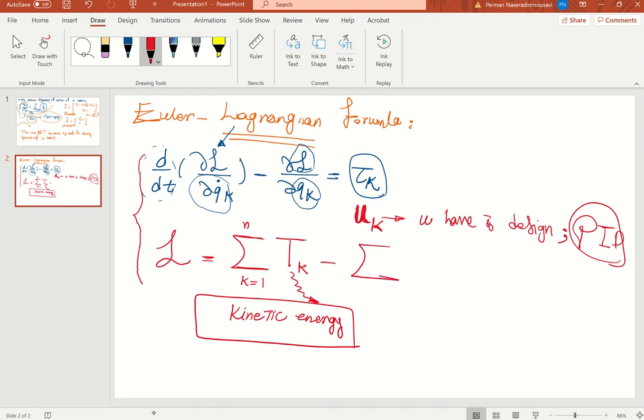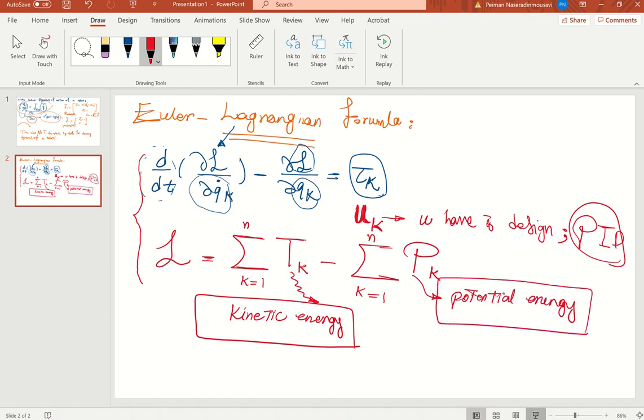Minus the sum of k from 1 to n joints, suppose that you have n joints, obviously with their corresponding links, of Pk. This is what? Potential energy of the links. Understand? So this is the Lagrangian function.